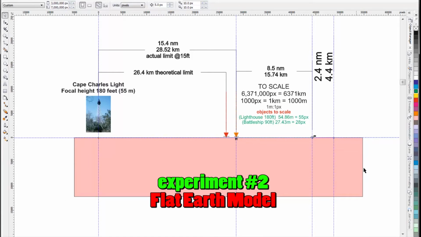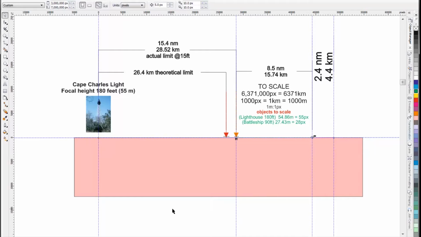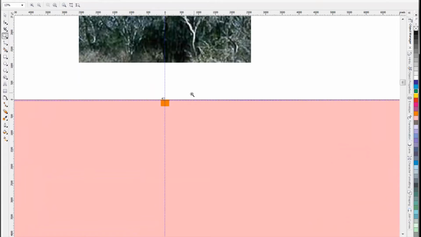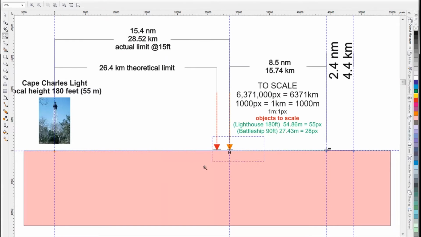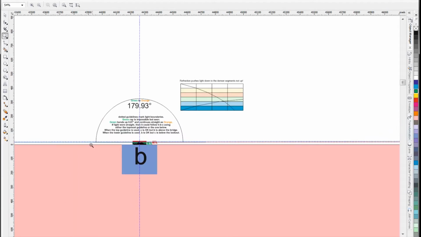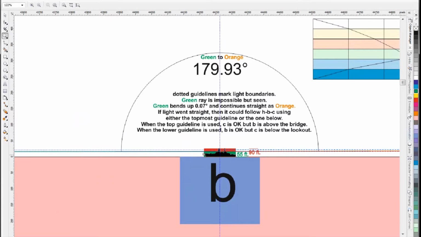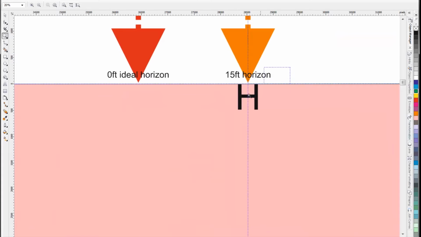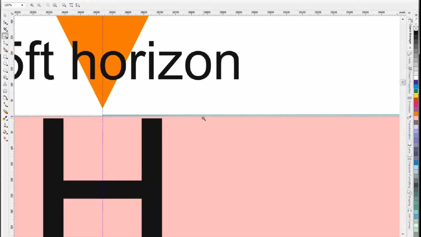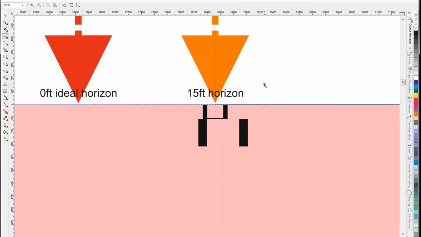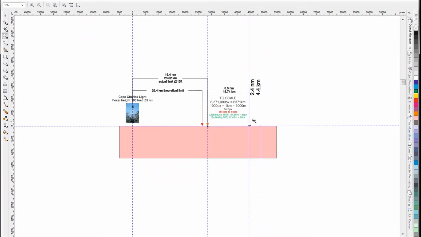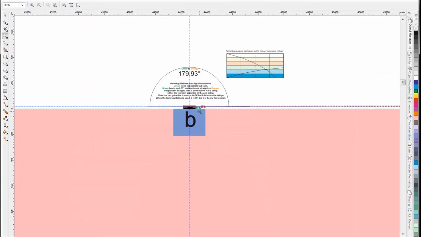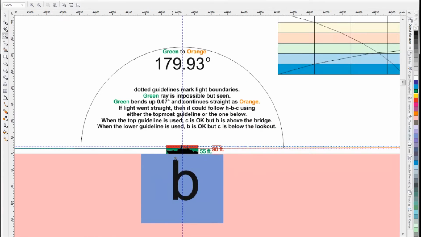So we have the same situation here, but on a flat earth. We have the lighthouse, the horizon, and the two ships. I began by drawing a line coming from the horizon. It's this blue line coming to the ship at point B and hitting it at the bridge.